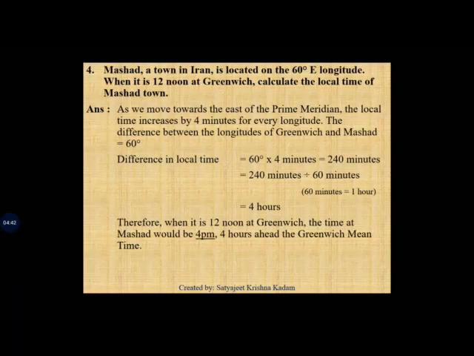Difference in local time, 60 degree multiplied by 4 minutes is equal to 240 minutes. 240 minutes divided by 60 minutes, in the bracket 60 minutes is equal to 1 hour, close the bracket, is equal to 4 hours. Therefore, when it is 12 noon at Greenwich, the time at Mashhad would be 4 p.m., 4 hours ahead of the Greenwich Mean Time.